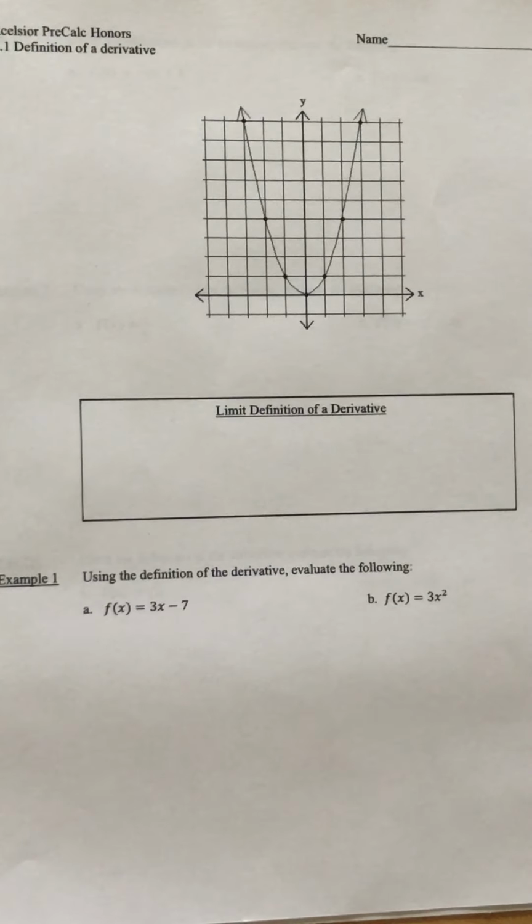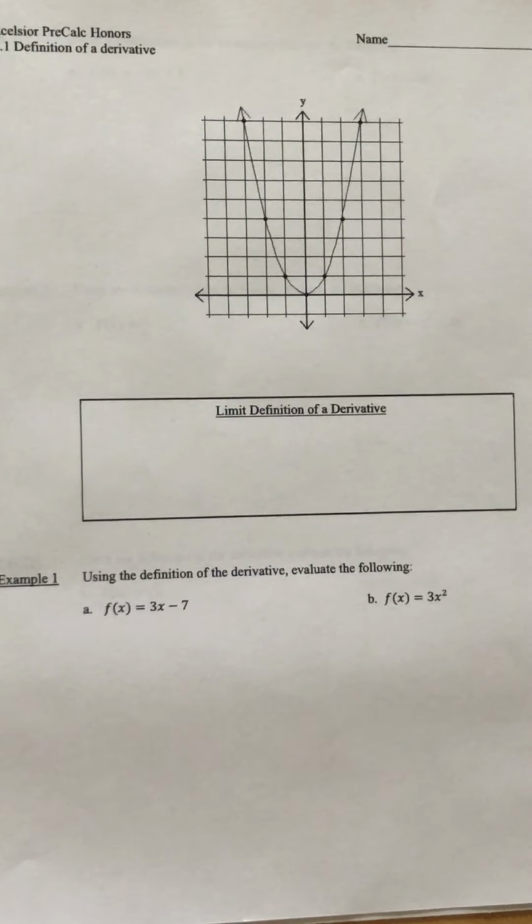So let's see, example 1. Using the definition of the derivative, which is this piece right here, we have to evaluate the following. We want to find the derivative in a and b, using this definition. As far as steps, you want to sub into the definition. So you want to do f of x plus h.